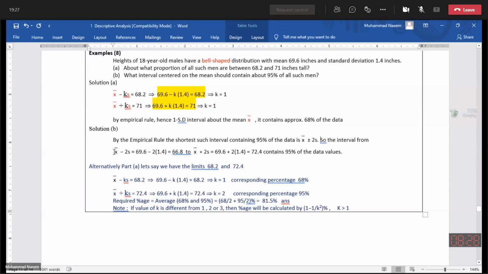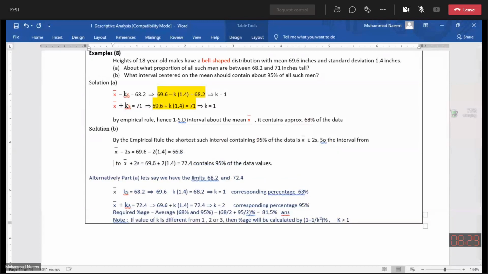Okay, we need to find these limits. So x bar minus 2s is 68.8 and x bar plus 2s is 72.4.